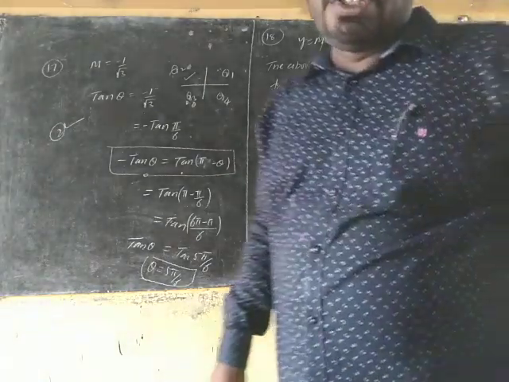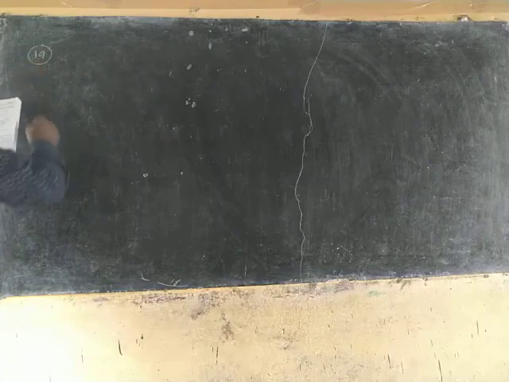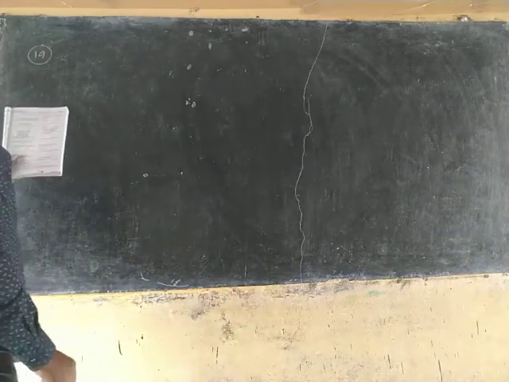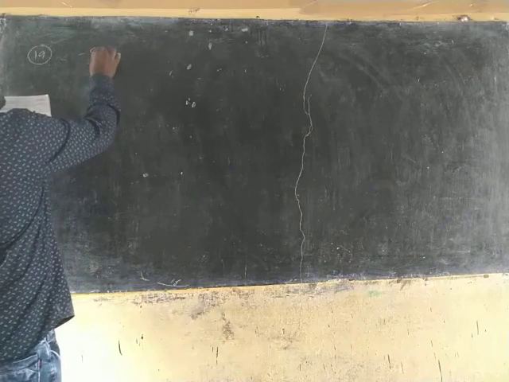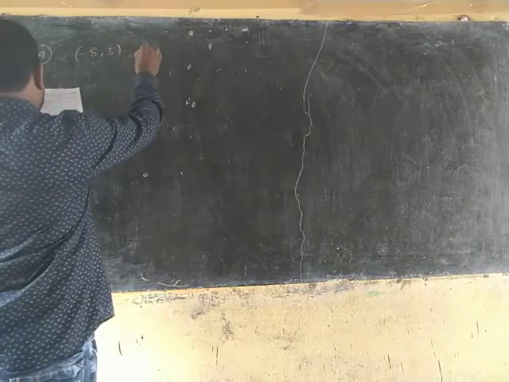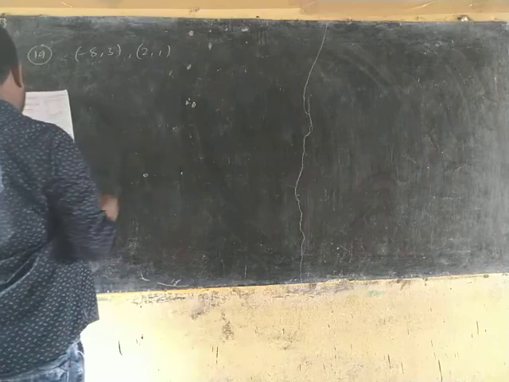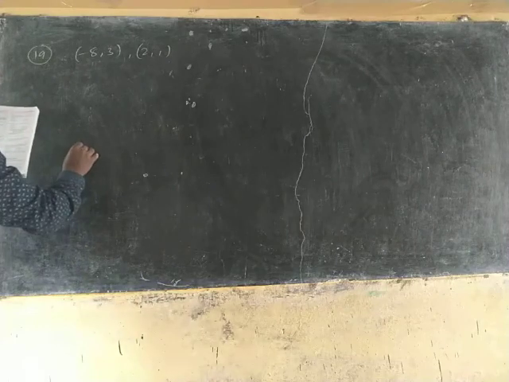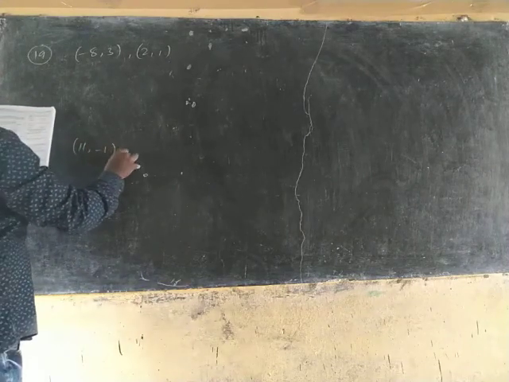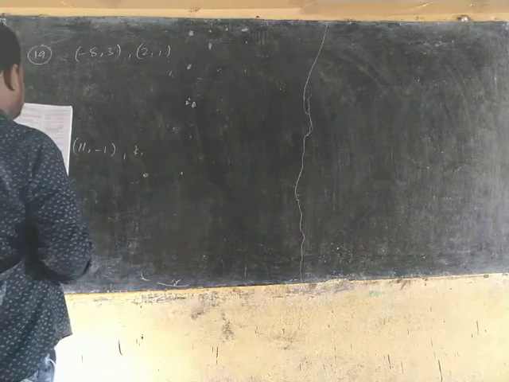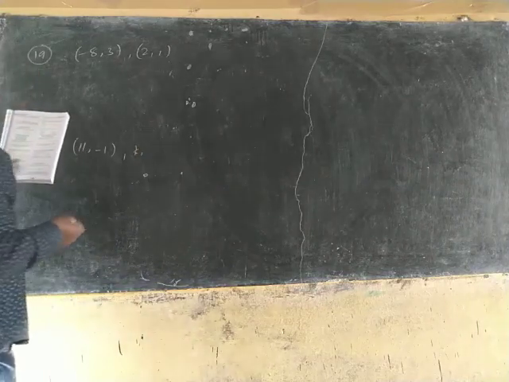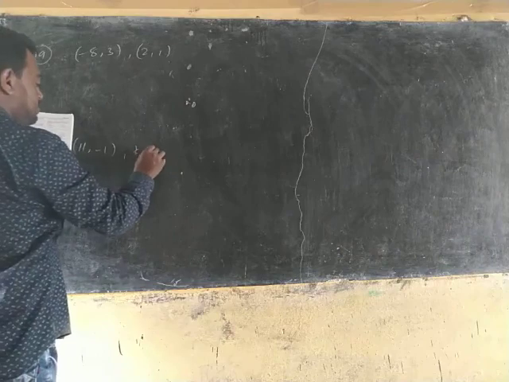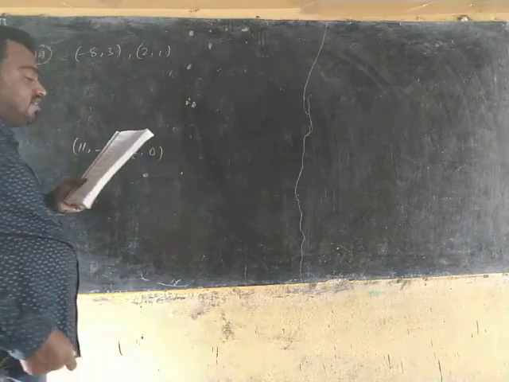Okay. Next, 19th question. If the line passing through the points minus 8 comma 3, 2 comma 1 is parallel to the line passing through the points minus 11 comma minus 1, k comma 0, then the value of k is.